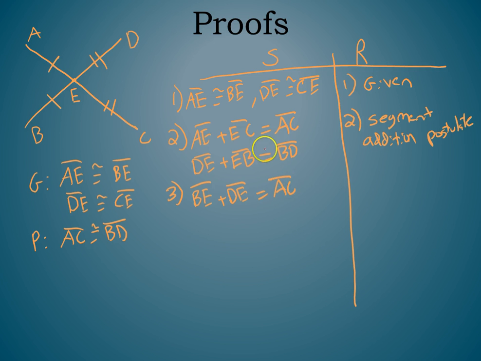So all I've done is I've replaced equal pieces. AE and BE are the same, so AE becomes BE. EC and DE are the same, so EC becomes DE, and that has to equal AC. When we replace equal pieces, this is called substitution.